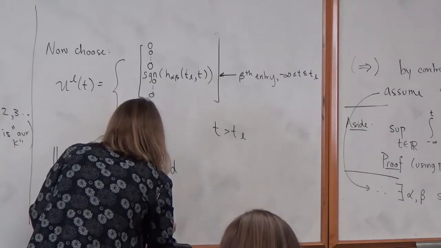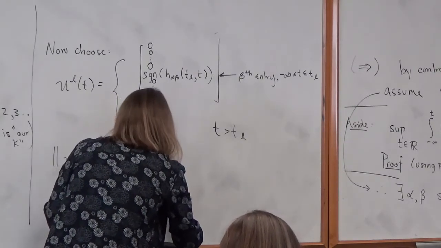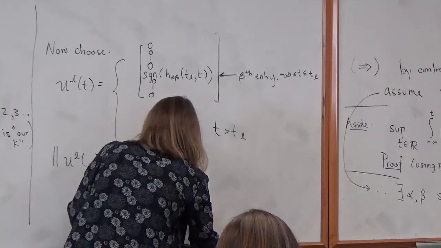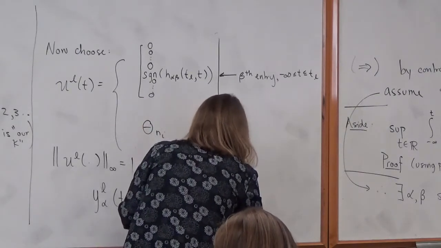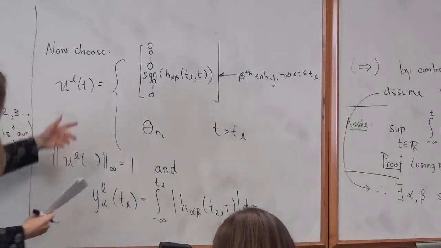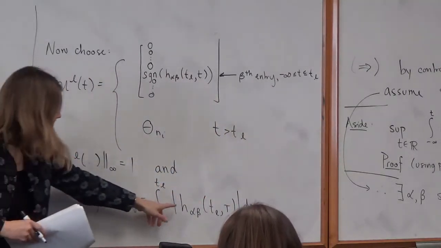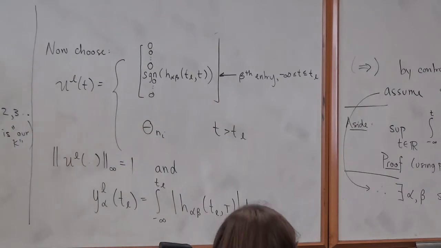It is just the integral from minus infinity to t_L of the norm of H alpha beta (t_L, tau) d tau. I constructed the input that way because I know that it satisfies this property.